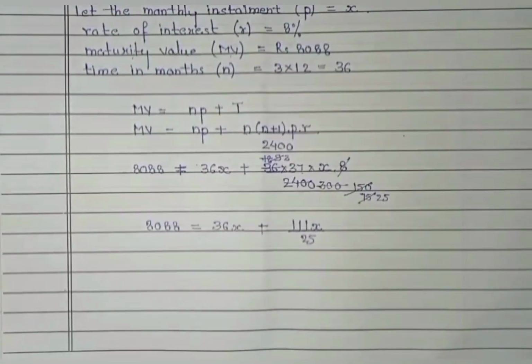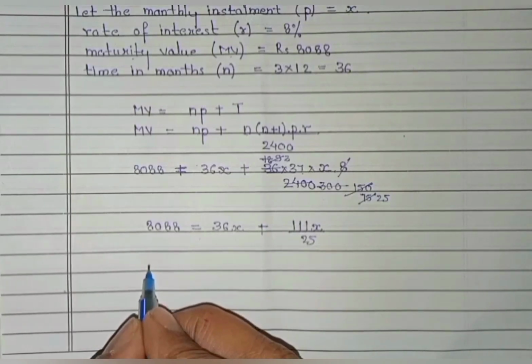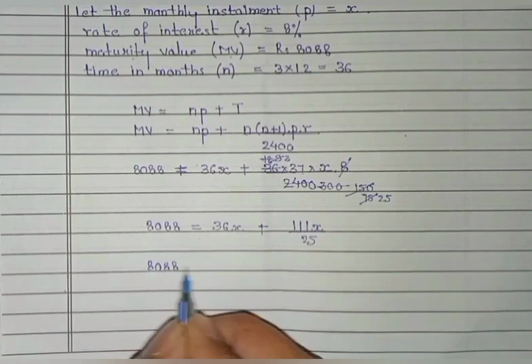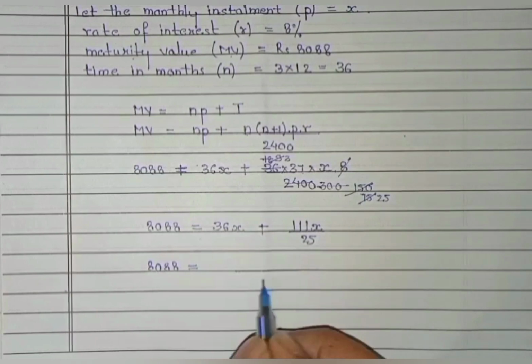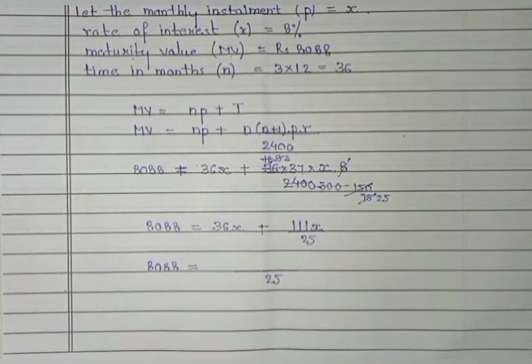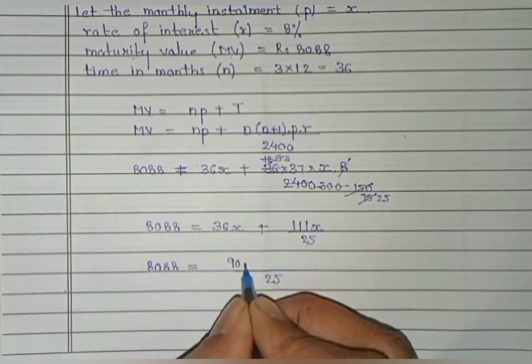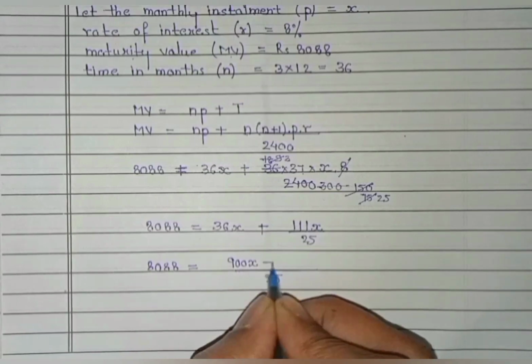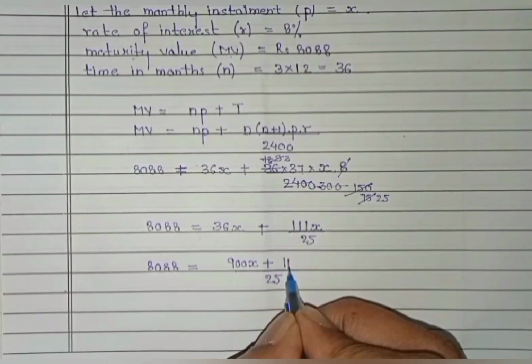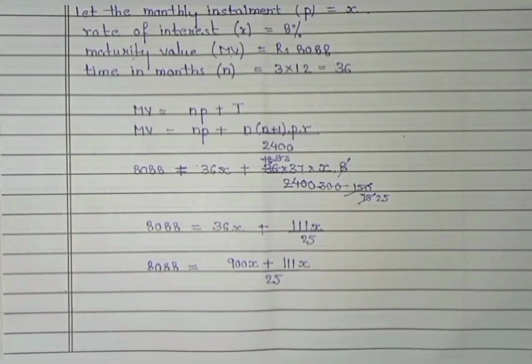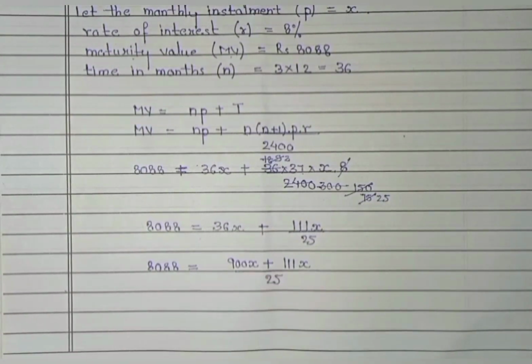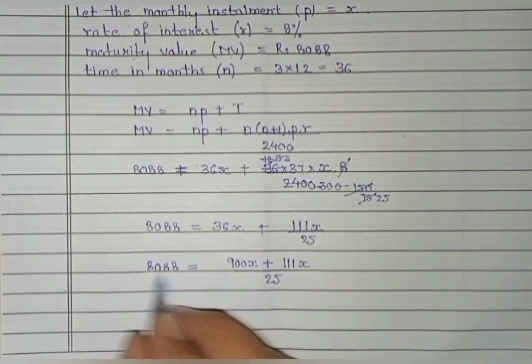Now here let's take the LCM to solve it. LCM will be 25. Now 36 will be multiplied by 25. So this will give you 900x plus 111x, and you cross multiply here.